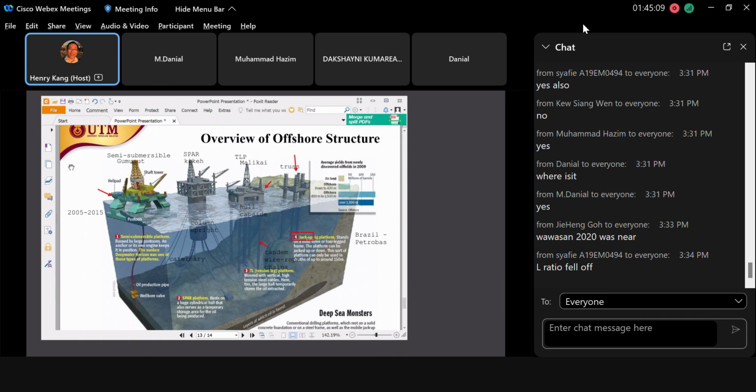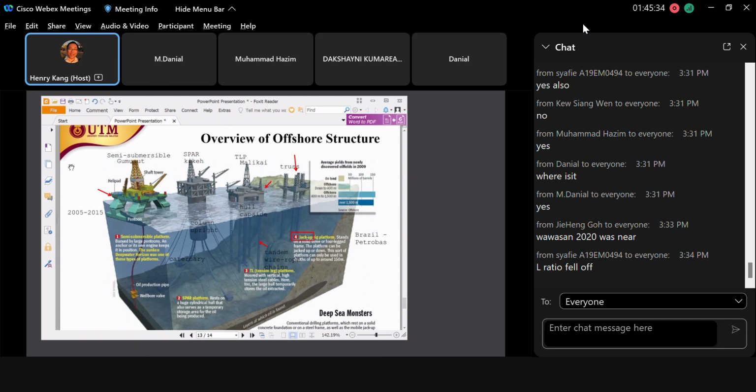So hopefully in future Malaysia will have better opportunities for offshore structures. Most important is that when you graduate, it is easy to get a job offer in offshore structure design, because the market is going up.